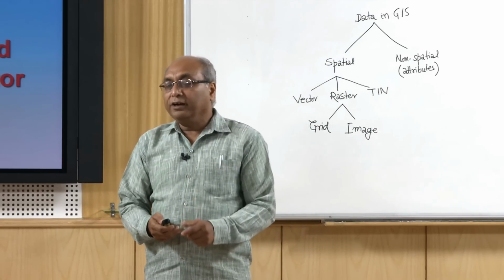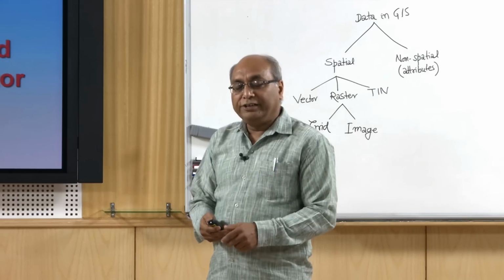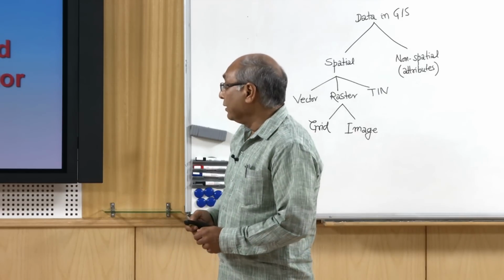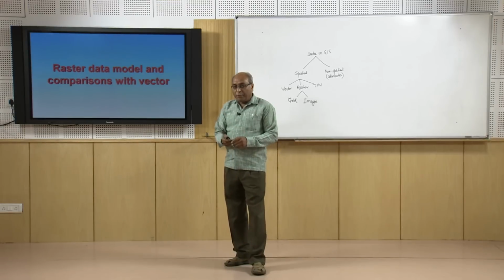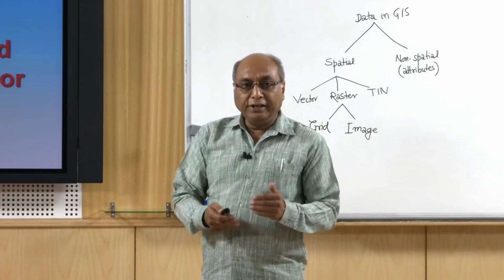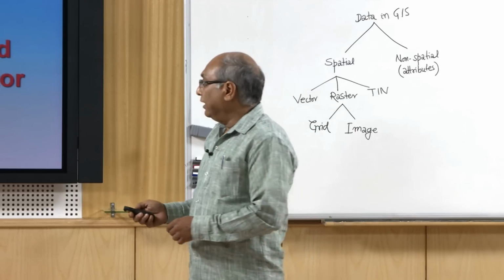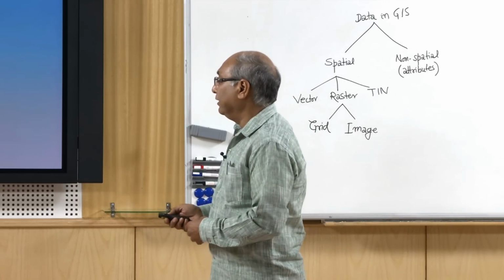So understanding the intricacies of the two types of raster data is very important. We will also compare the advantages of vector data and raster data, a little later in this lecture.